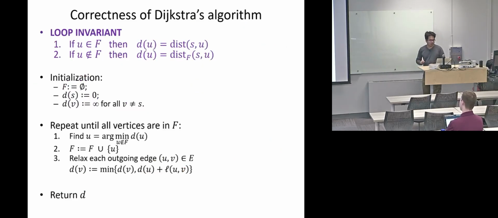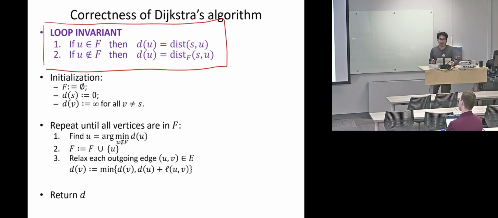Now we're going to try to prove this loop invariant that we just stated in the Dijkstra algorithm. We have this pseudocode, and we want to prove this invariant. First of all, suppose that this loop invariant holds throughout the whole algorithm.